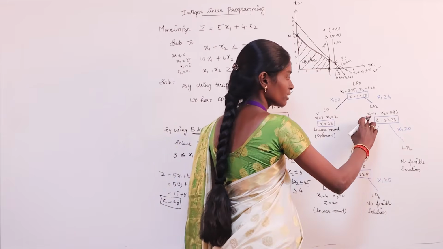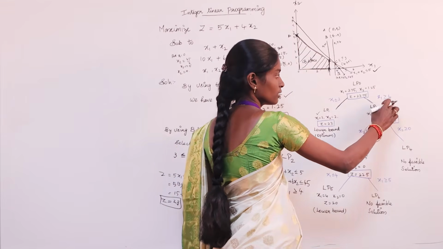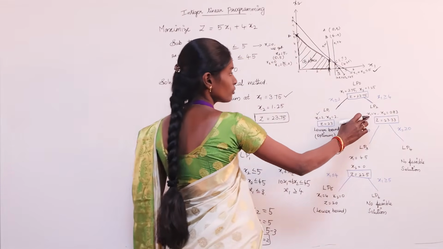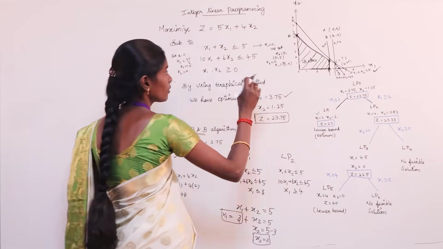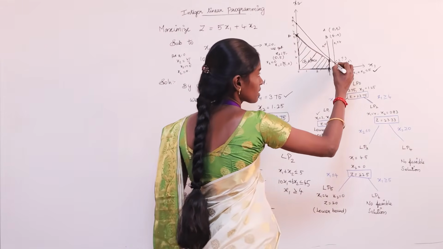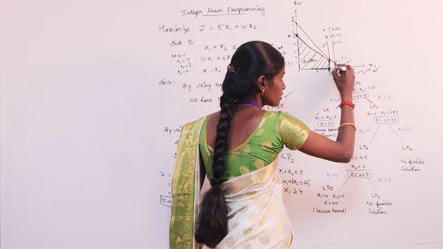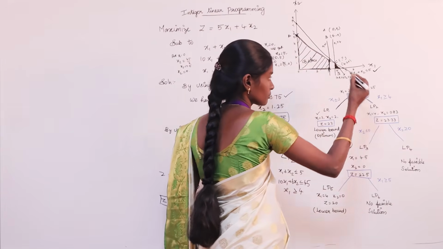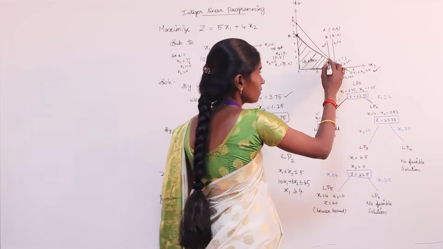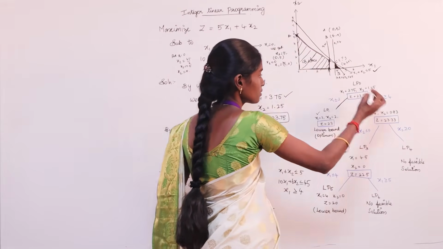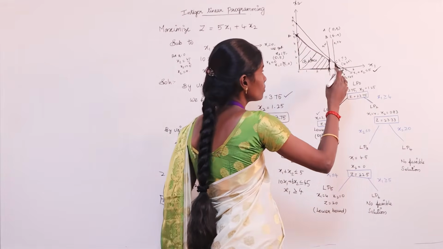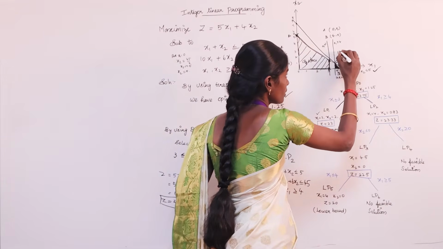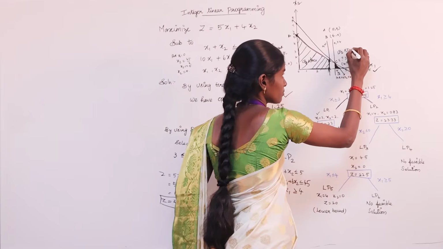For this we are having x1 equal to 4. That is, we chose the condition like that. For x1 equal to 4, we have to apply it in the second constraint. LP0 space has split into LP1 space and this is the LP2 space.